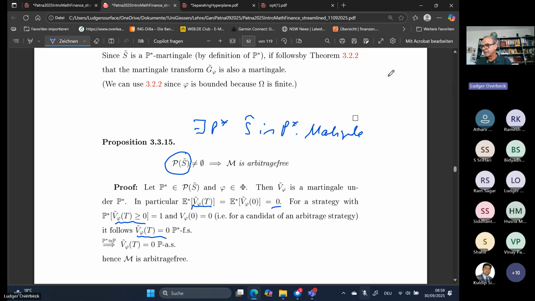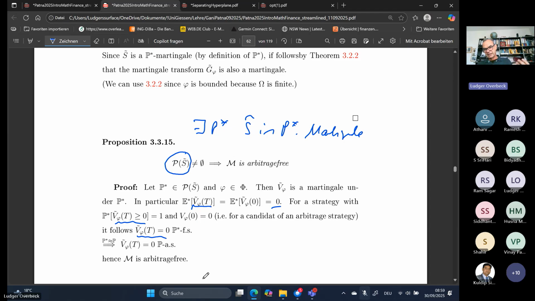Okay, you see martingales, and that's the main application there. This simple statement means that if you find this martingale measure, you start with some market model which you think describes, to some extent, the data you see well.